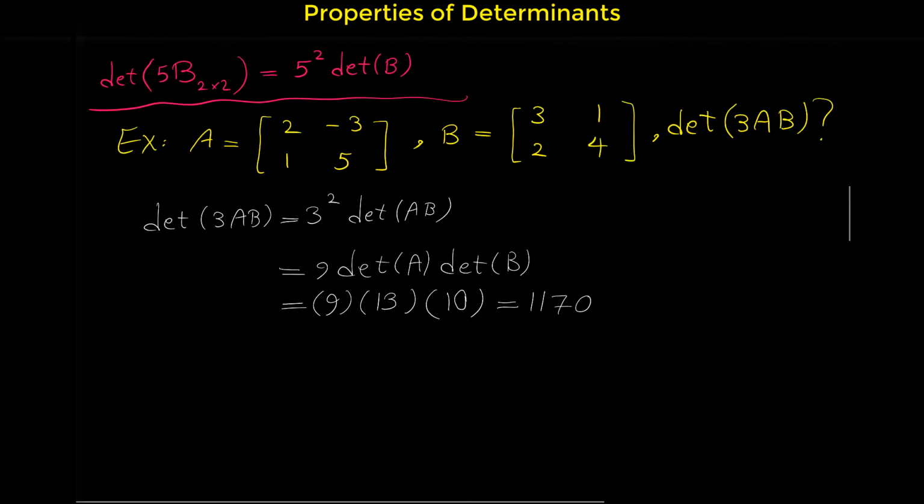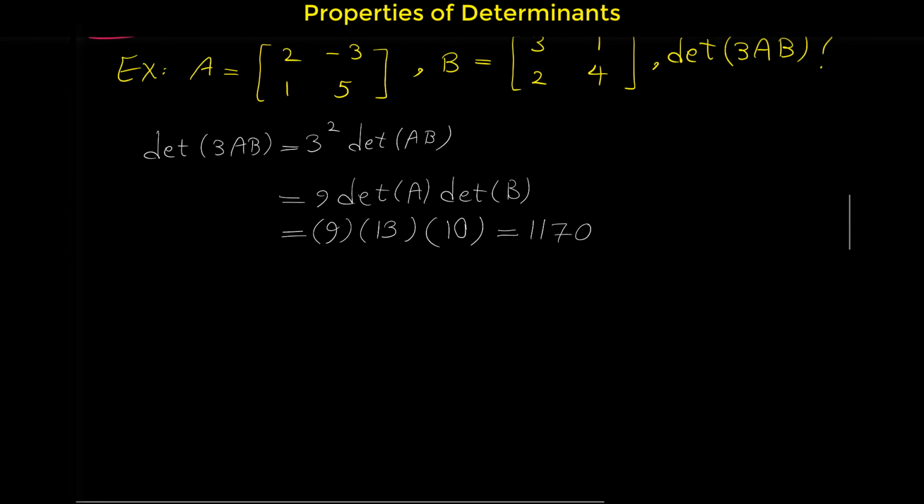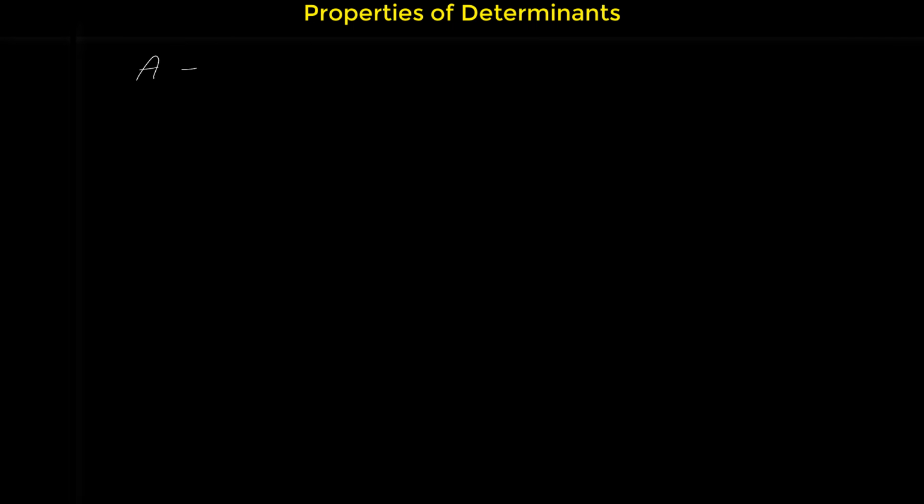Let me show you another example. Suppose matrix A is negative 1, 2, 5, 0, 1, 2, 0, 0, 3.